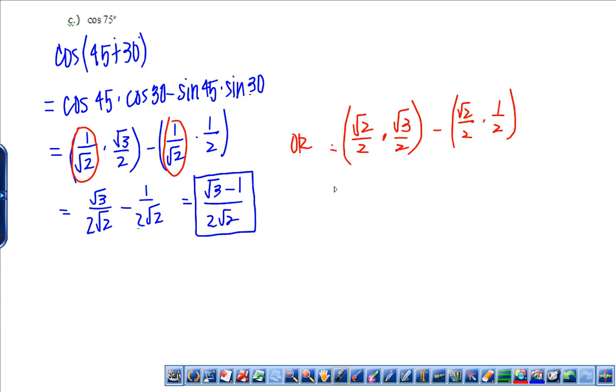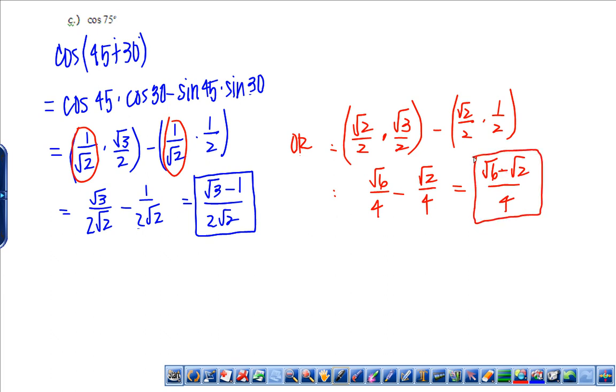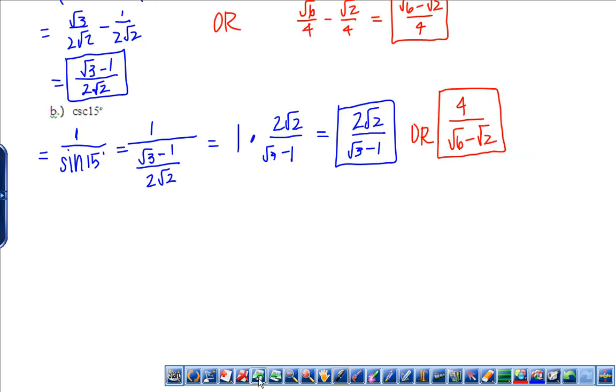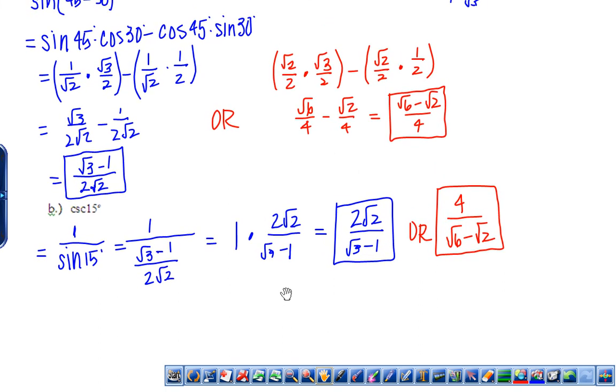So simplified, that gives you root 6 over 4 minus root 2 over 4, and a final answer of root 6 minus root 2 over 4. Okay, hopefully y'all are thinking that this looks familiar. This answer is exactly the same as your sine function, which is right here, and I did it both ways before.